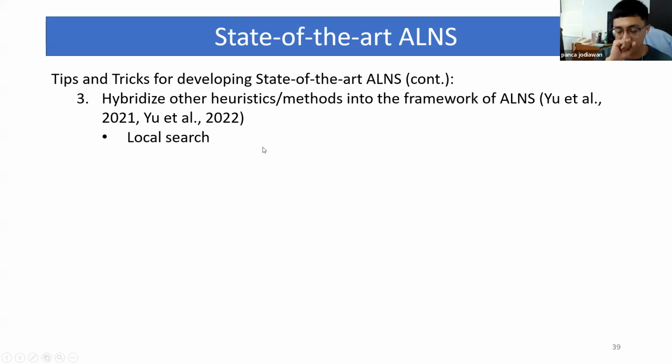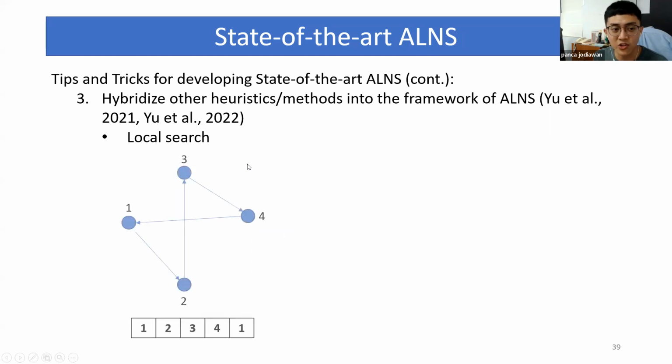I could say that one of the well-known frameworks is local search, and I would like to briefly describe what local search is. Okay, here is a very simple route. It starts with 1 to 2 to 3 to 4, and goes back to 1.